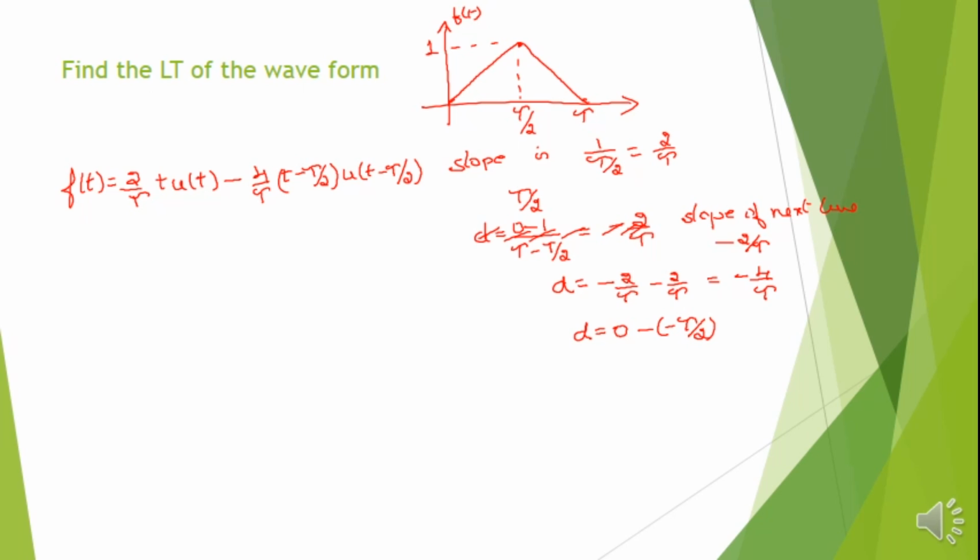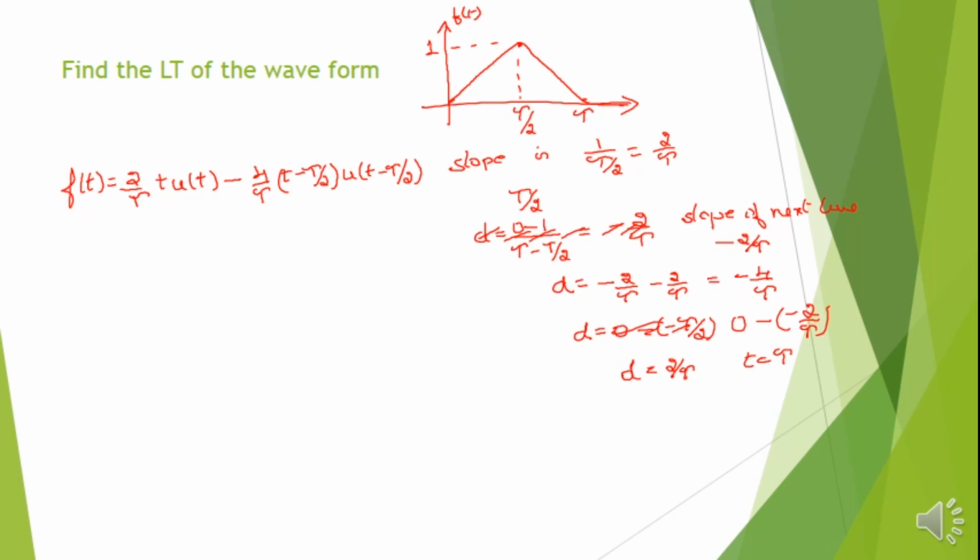This is the slope 0 and this is the slope minus 2 by tau, so 0 minus, minus 2 by tau. So d is equal to 2 by tau, and this change of slope takes place at t equal to tau.